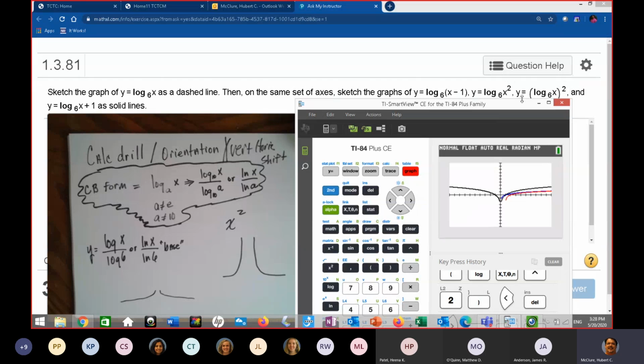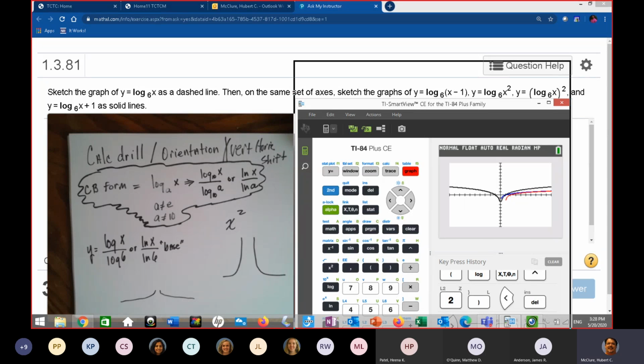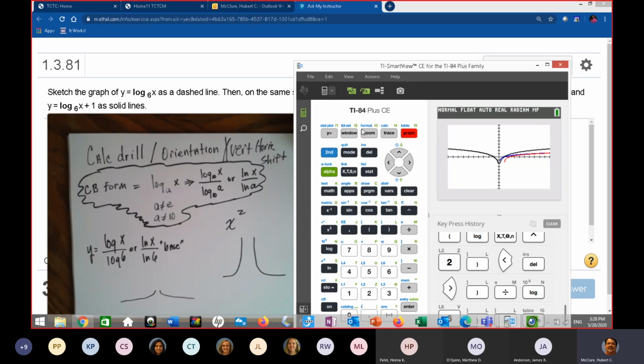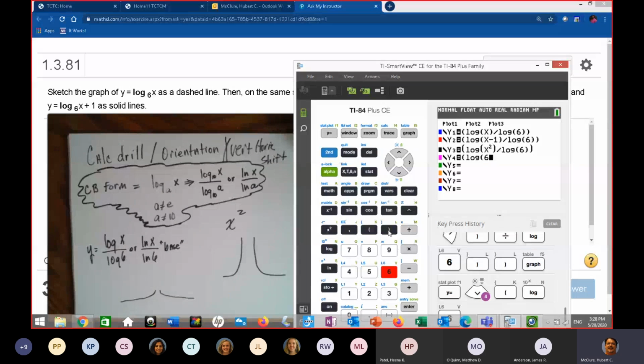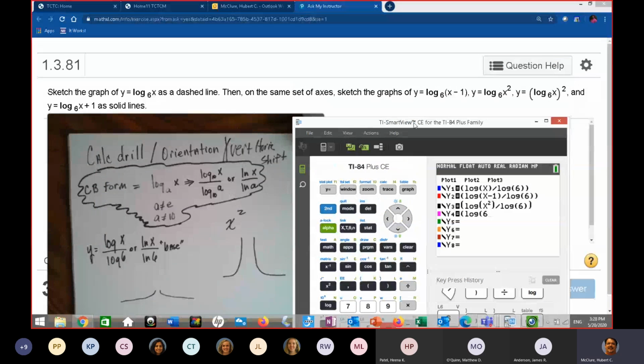This is going to be log of x over the log of 6, quantity squared. So I'm going to move it first, log of x over the log of 6. So I'm going to go to y is equal, go down to number 4, parenthesis, log of x. Is it log of x? I'm sorry, I'm having to go back and forth.